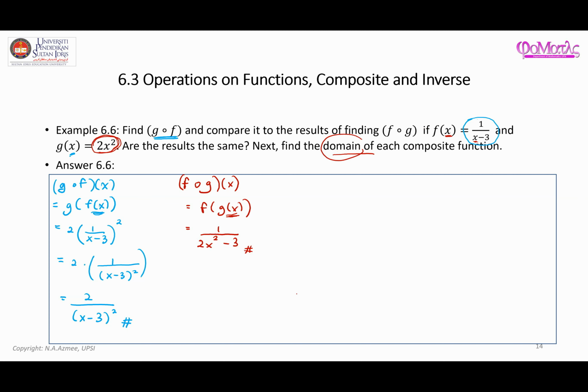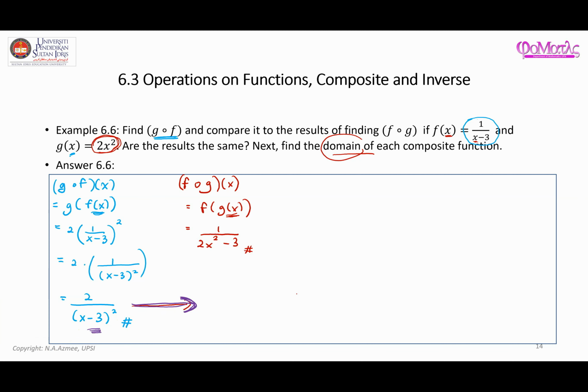is workable. Now you can see that for the first result that you got over here, the function only works if the denominator here is not 0. So that is the crucial point that you have to pay attention to.